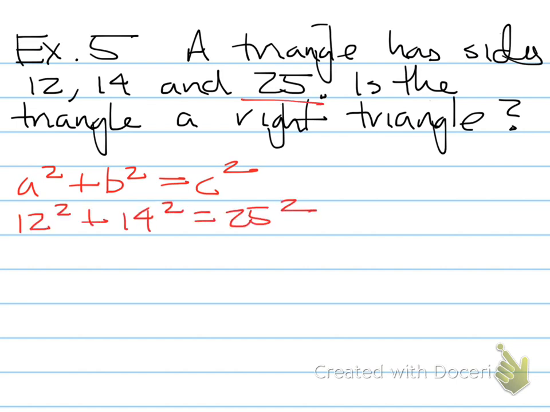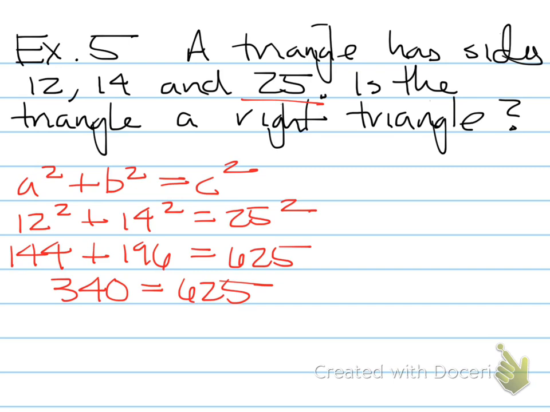So we get 12 squared plus 14 squared equals 25 squared. 144 plus 196 equals 625. When we add up the two values on the left side, we get 340, which does not equal 625. So that tells us that this is not a right triangle.